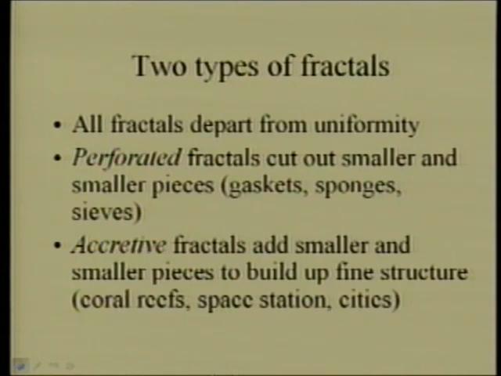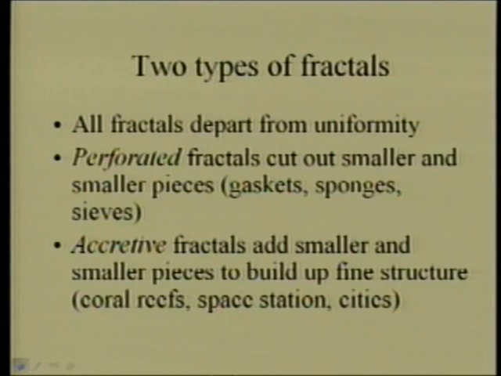So when we study fractals, we see that there are 2 different types of fractals, and they work in different dimensions. All fractals depart from uniformity because you are subdividing a structure. But then from whatever uniform ground you start from, you can proceed in either of 2 ways. You can create a perforated fractal by cutting out smaller and smaller pieces.